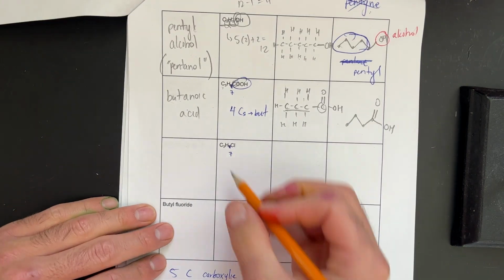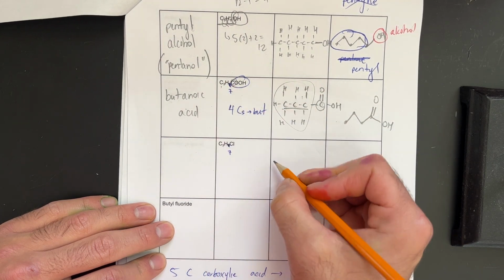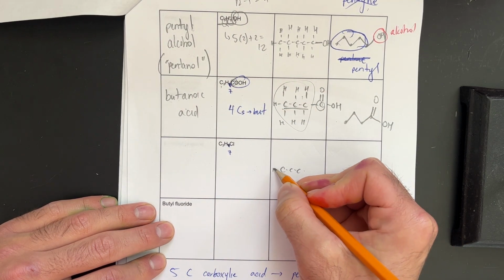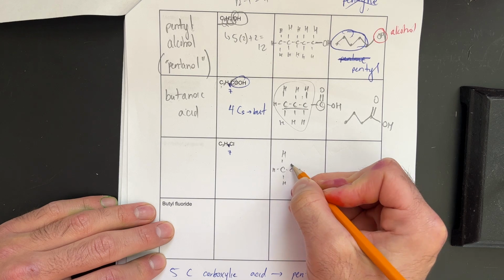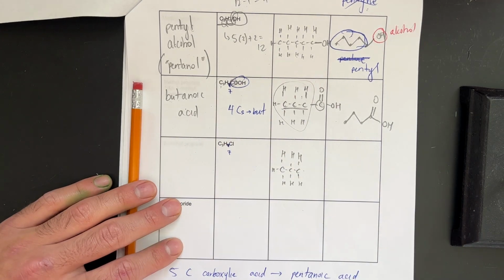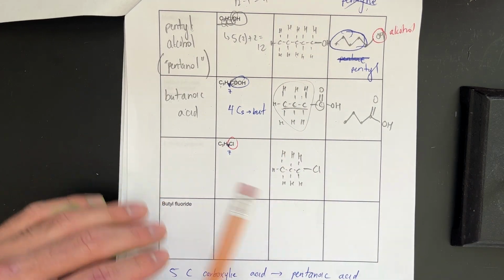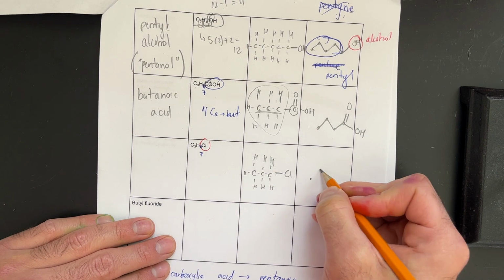Let's go on to the next one. Here we have C3H7Cl, so it's going to be the same thing here, right? C3H7. So we have a propyl group, and then what we're going to add on to it, simply put, is this chlorine. And so what does this look like in terms of a bond line drawing?